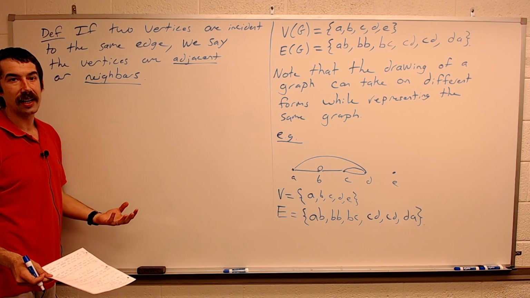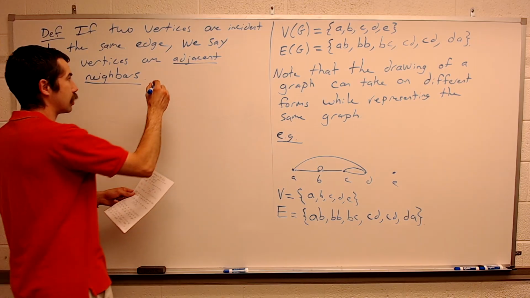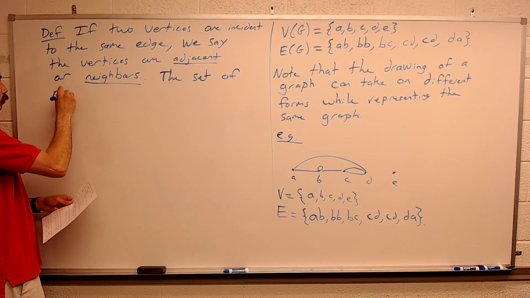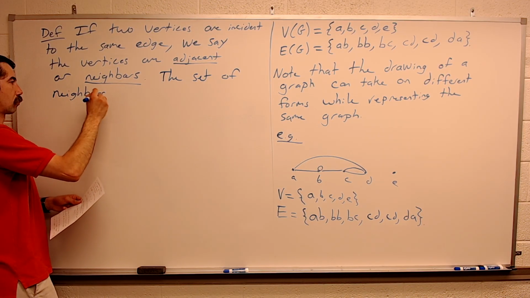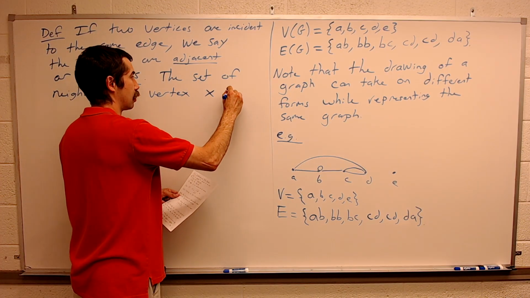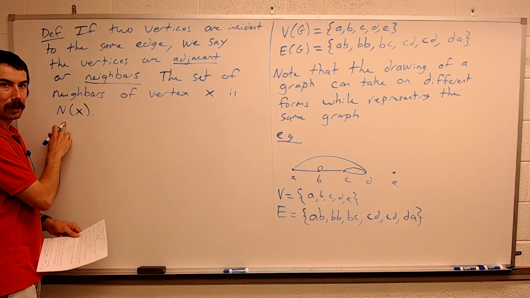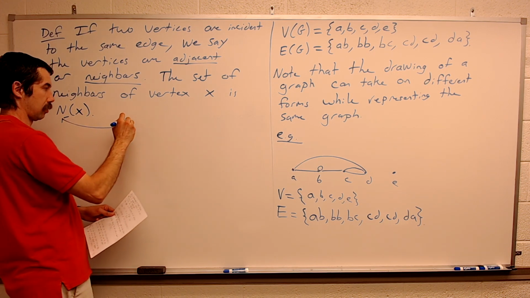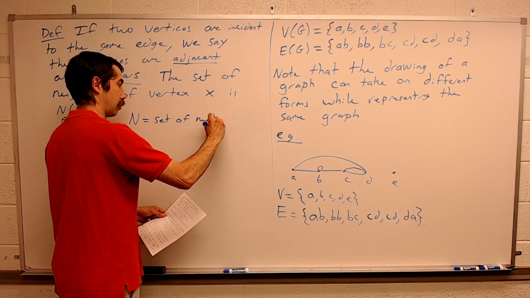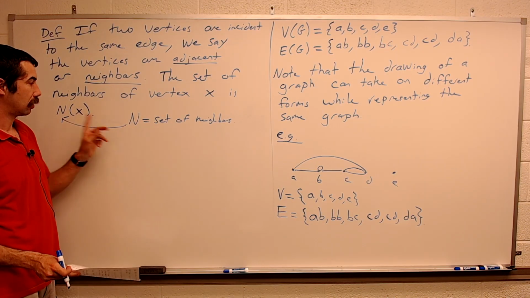Okay, and we're going to be interested in the set of neighbors of a specific vertex. All right, so the set of neighbors of a vertex, let's say x, is written N of x. Okay, so capital N means set of neighbors. All right, so if you see this capital N, it's just saying the set of neighbors of a certain vertex.